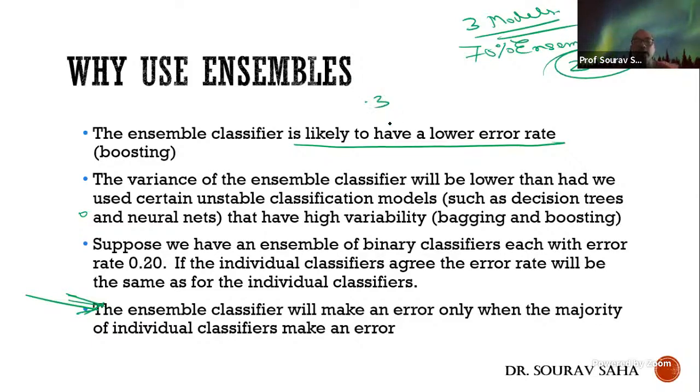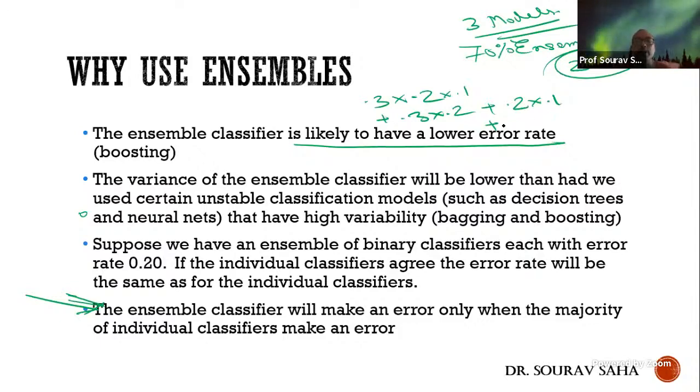Let's say all three models gave wrong results. Or M1 and M2 gave wrong results. Or M2 and M3 gave wrong results, which is 0.2 into 0.1. Or M1 and M3 gave wrong results.